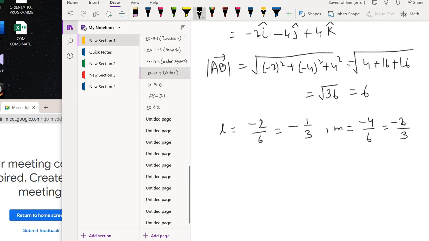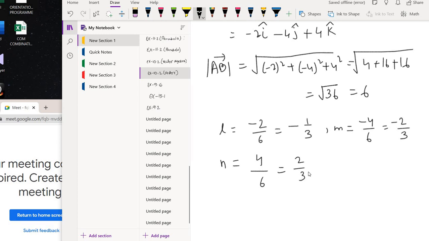Okay, and n equal to coefficient of k, 4 by 6, equal to 2 by 3.